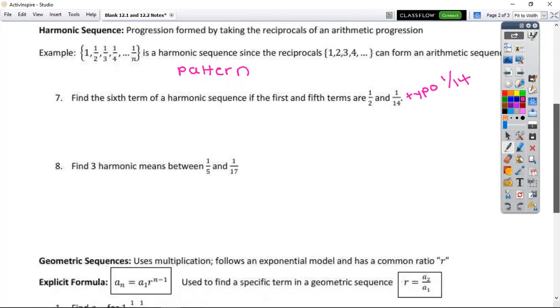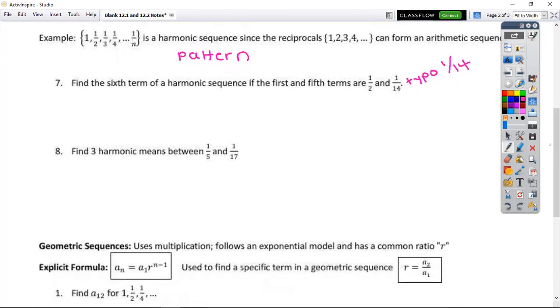So I would like to find the sixth term of a harmonic sequence if the first and fifth are respectively 1/2 and 1/14. So I'm going to write these out again, just because this is how I like to do them. So I have a sub 1 equal to 1/2. And term number 2.